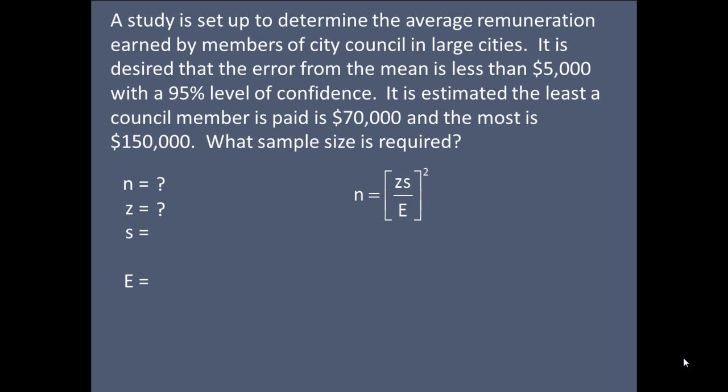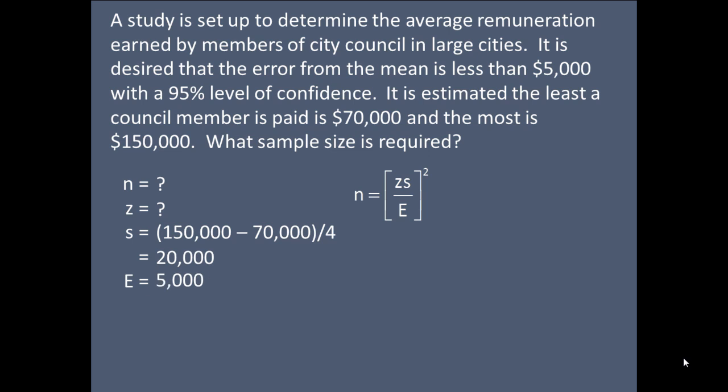So we can use our range divided by 4 option. So 150,000 minus 70,000 divided by 4. So we have an estimate for the standard deviation of $20,000. The maximum allowable error, E, was set out to be $5,000.